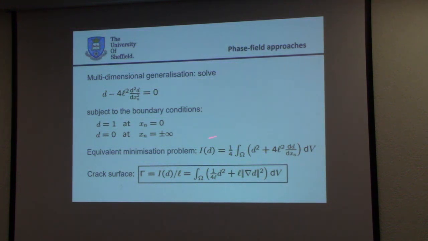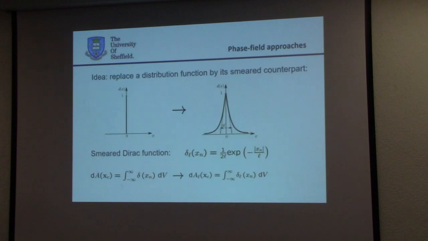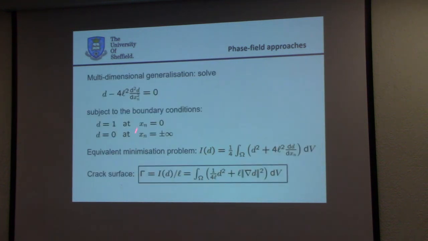So this is allowed by this. This is one of the reasons to go to this function. You can go to other functions, but they may require higher order derivatives here, and therefore you get second order derivatives, for instance, and then you need more advanced interpolation functions.